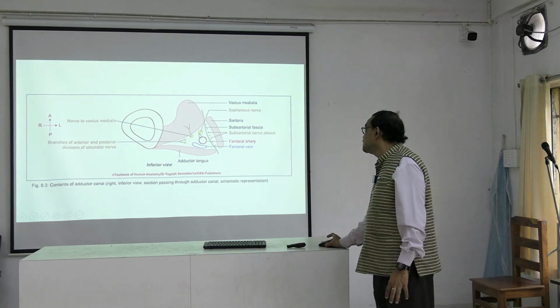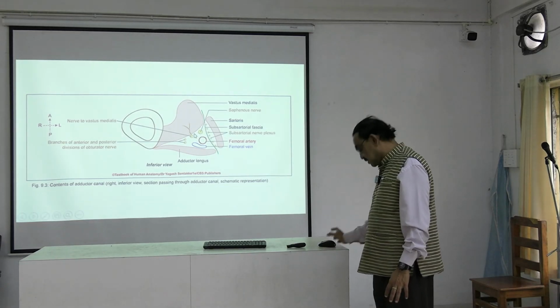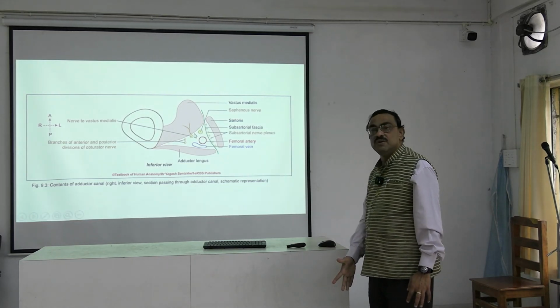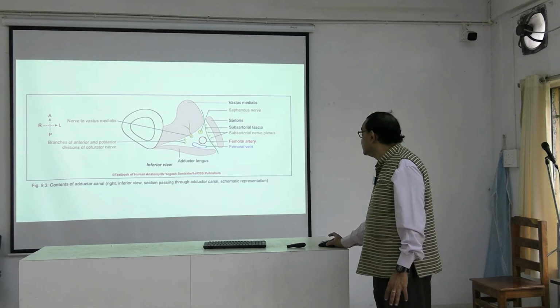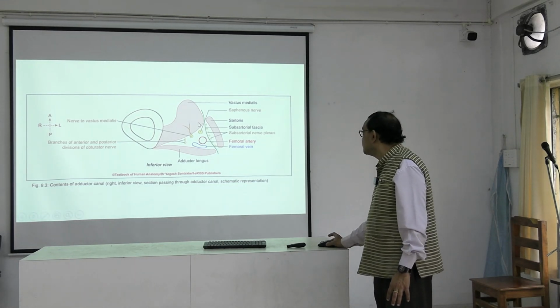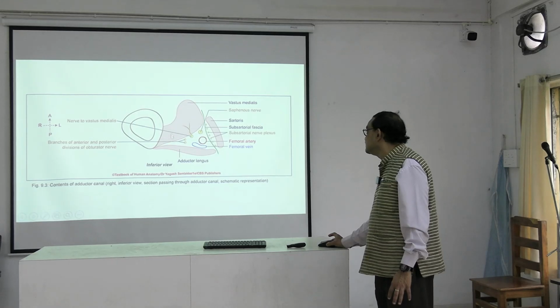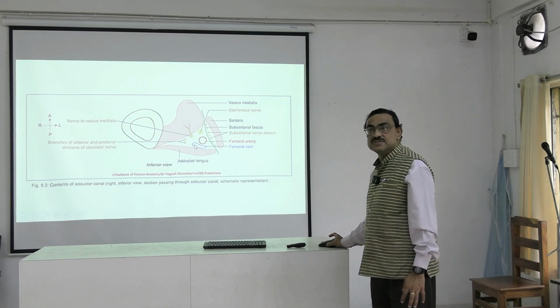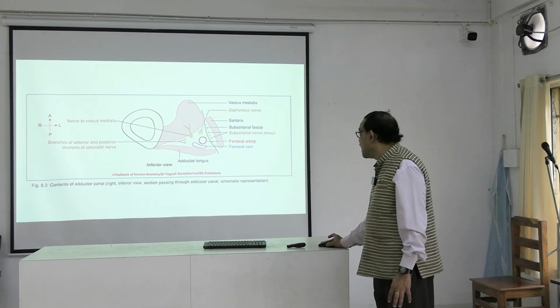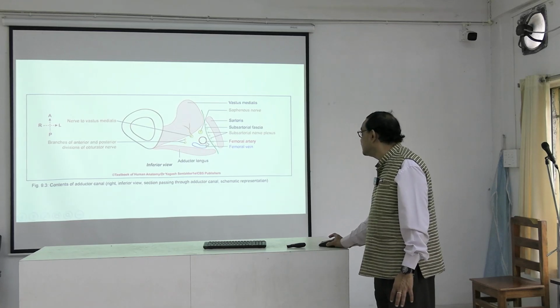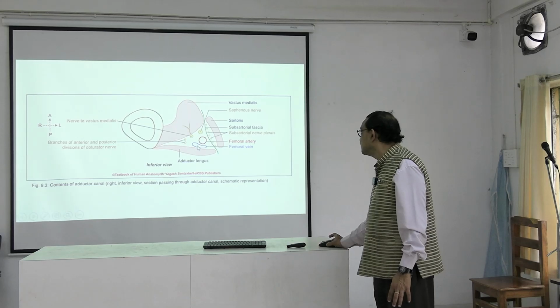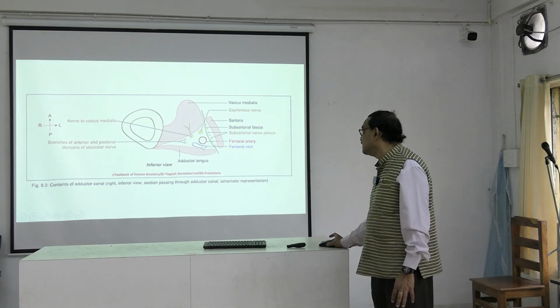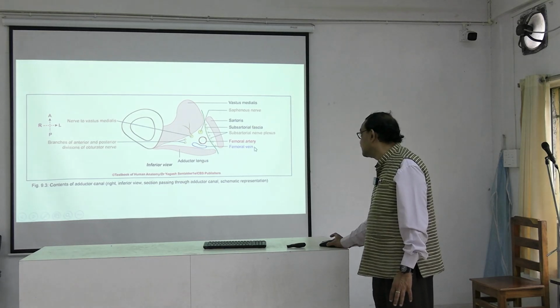Another nerve which will remain lateral and ultimately cross the femoral artery is the saphenous nerve, and most medially this is the obturator nerve, anterior and posterior branches of the obturator nerve. And also we will get the femoral artery, and we can see the femoral vein becoming posterior to the artery, and ultimately it will move laterally.